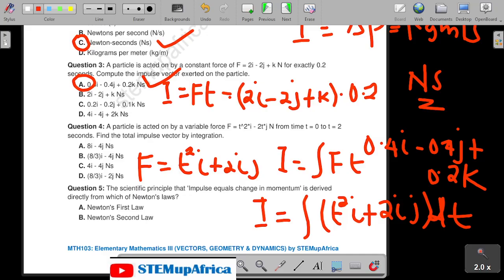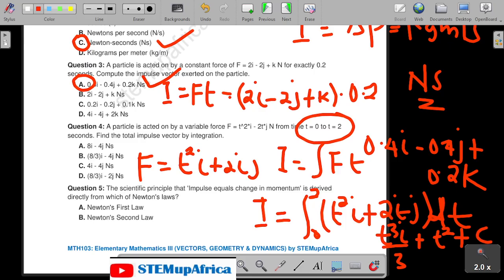So if we integrate t square, then don't forget the upper and lower limits, from 2 to 0, given to us in the question here. So if we integrate it, what are we having? t raised to the power 3 I over 3, plus here we just have t square, plus a constant c. So when t is 2, I'm going to have 8 over 3 I, minus 4J.